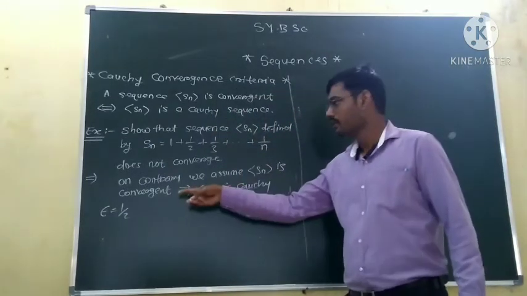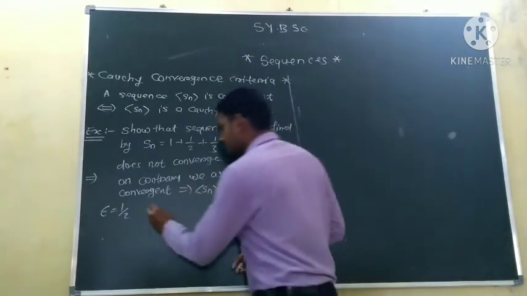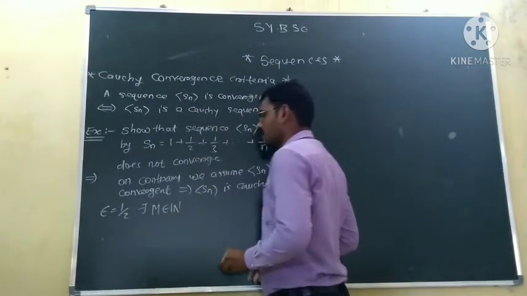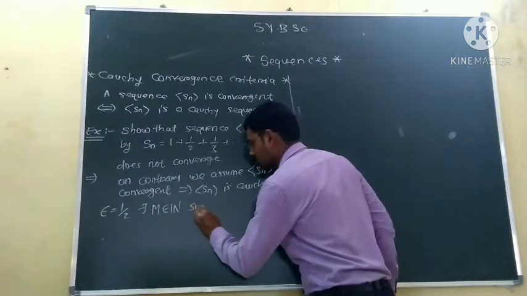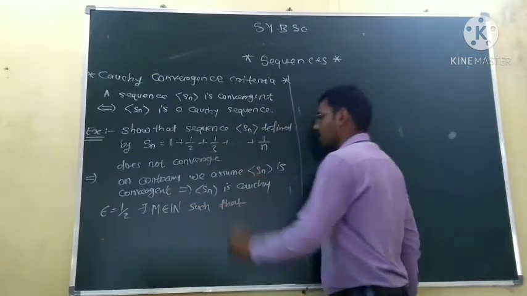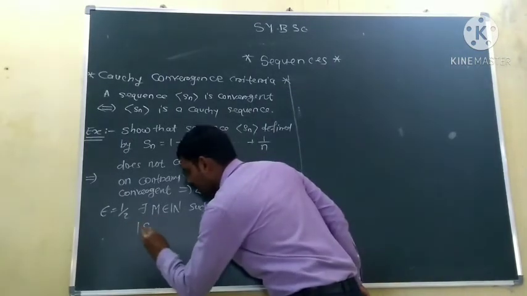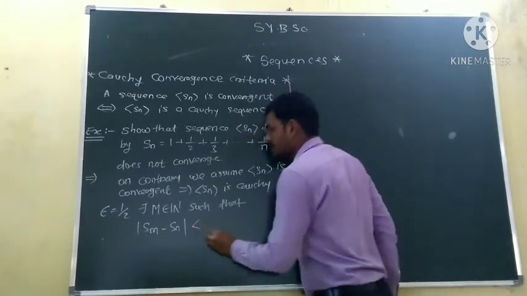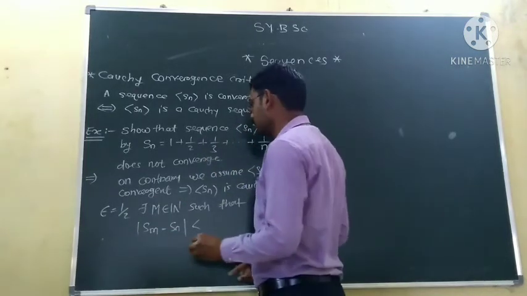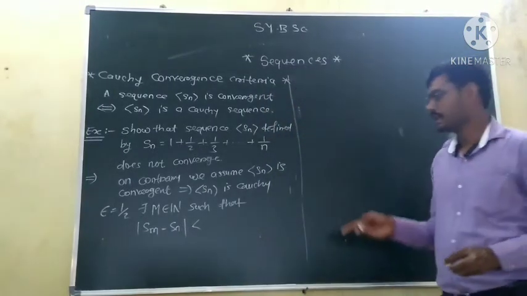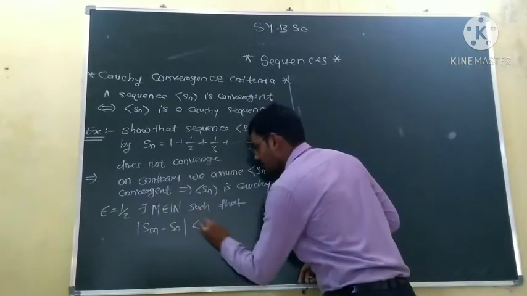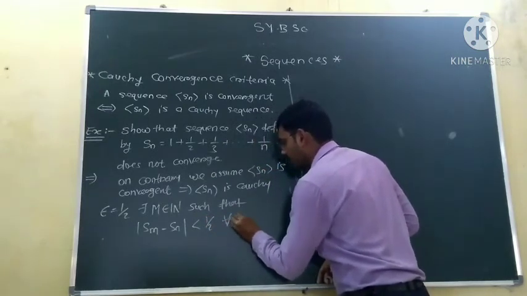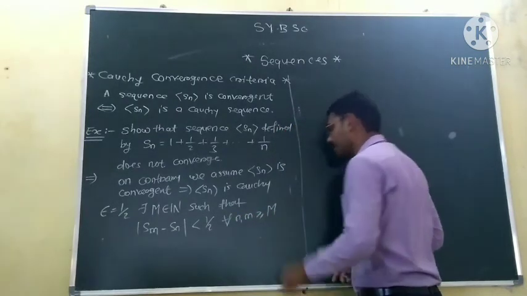So for this epsilon greater than 0, there exists a natural number, say M, such that the difference between the terms of the sequence, Sm minus Sn, is less than epsilon, that is 1 by 2, for all n and m greater or equal to this capital M.